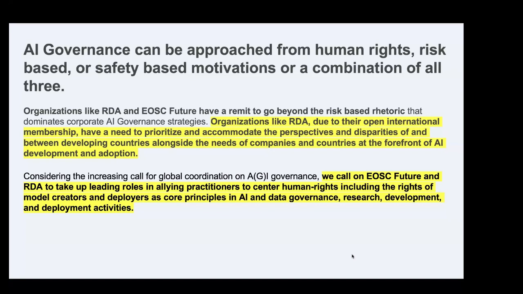Due to our open international membership, we have a need and an opportunity to prioritize and accommodate the perspectives and disparities of and between developing nations and countries alongside the needs of companies and countries at the forefront of AI development and adoption.